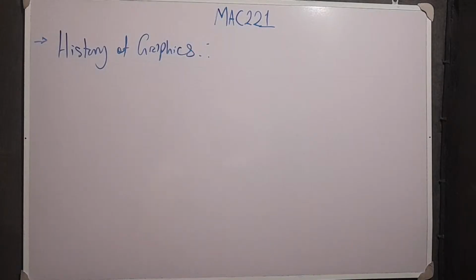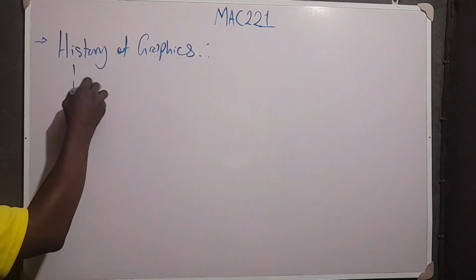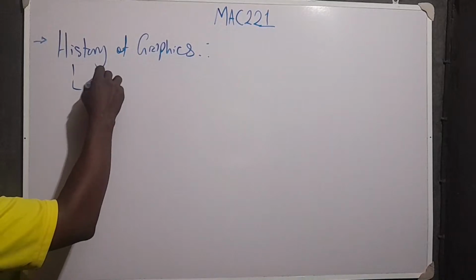Now you need to understand, speaking of the history of graphics, that some of the earliest graphics and drawings known to the modern world today are from about 6,000 years ago.